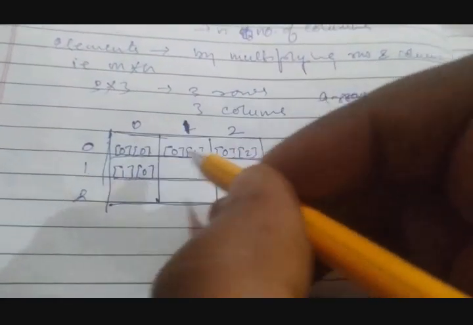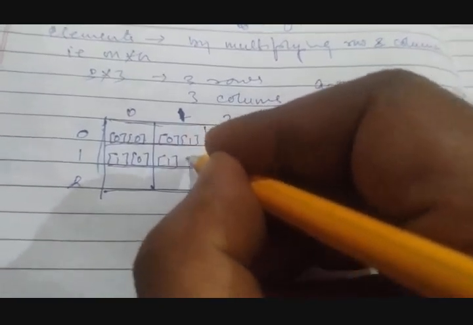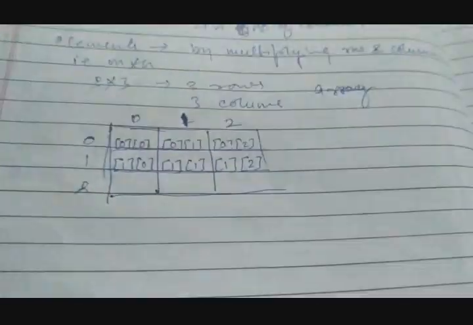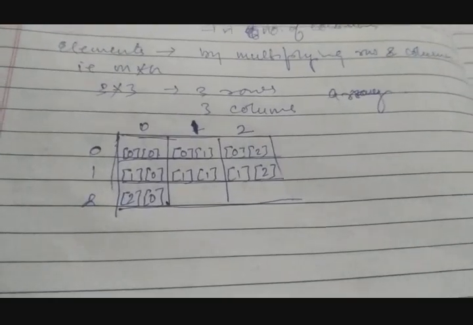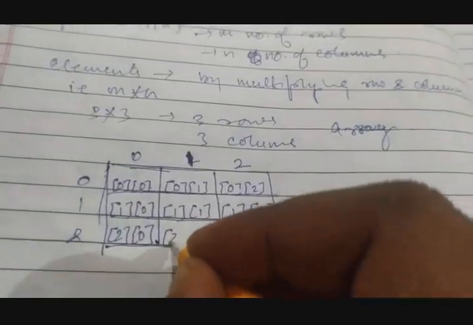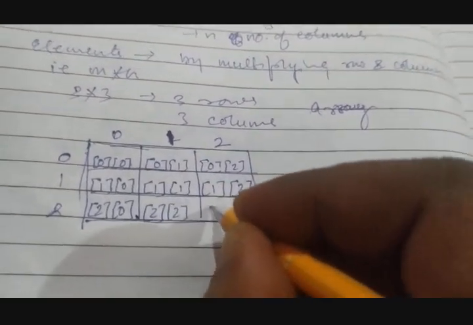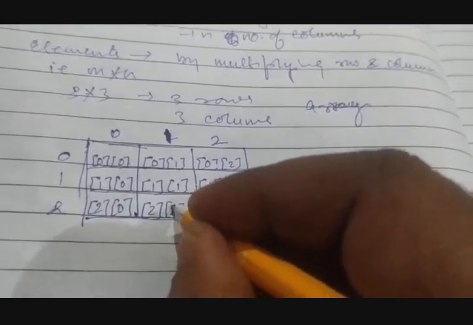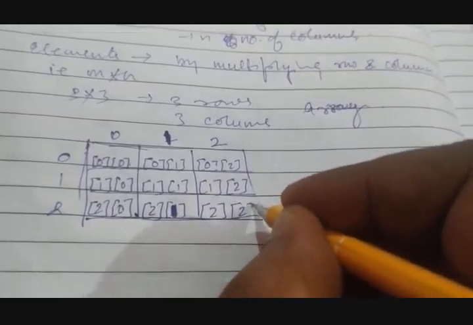And then 1 0: first row, 0th column; first row, first column; first row, second column. Then second row 0th column, second row first column, and second row second column.